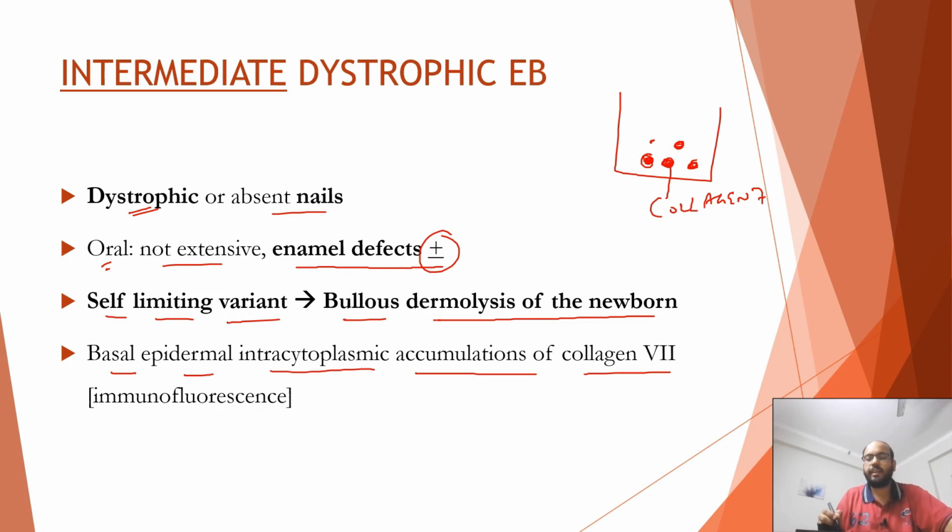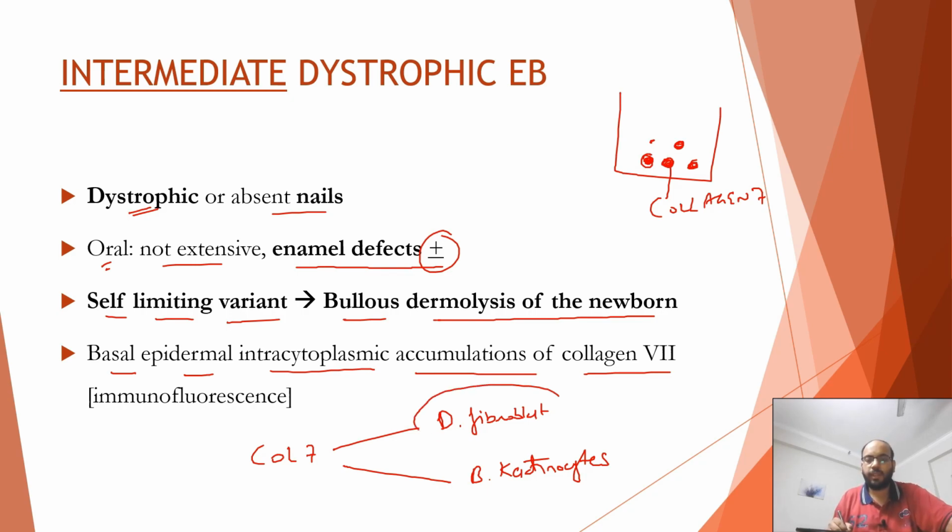The reason is that collagen 7 is secreted by dermal fibroblasts and also by basal keratinocytes. So both of these cell types are the secretors of collagen 7. Dermal fibroblasts are the major one, but there is a certain secretion of collagen 7 by keratinocytes. Let's move forward.